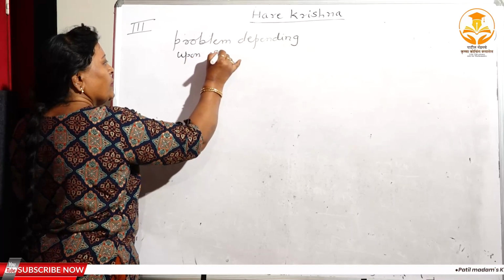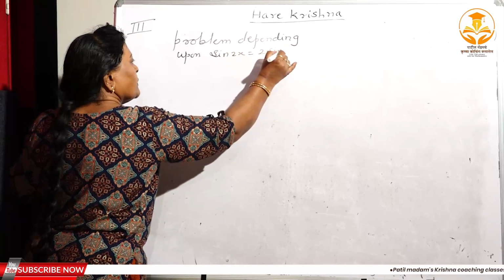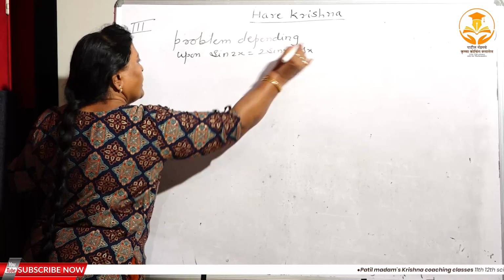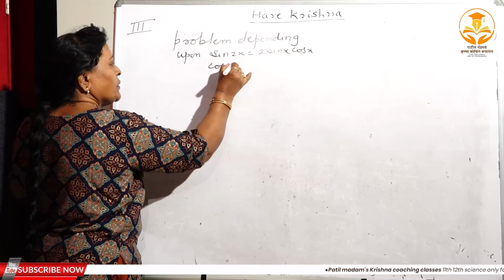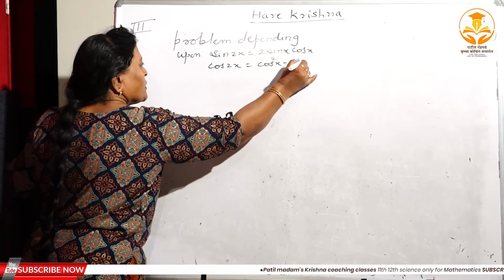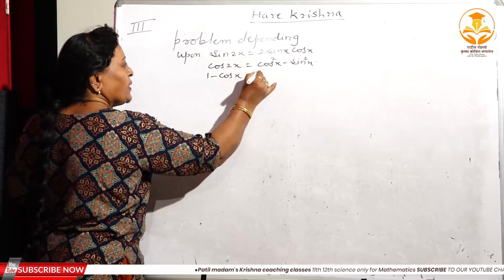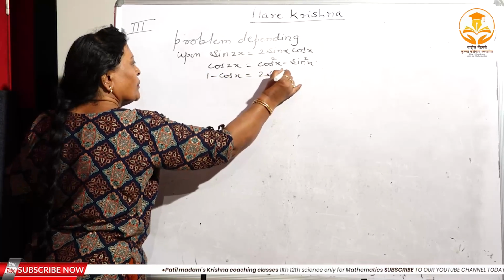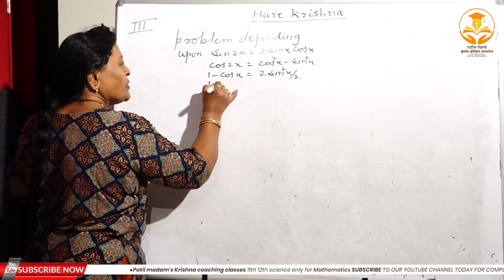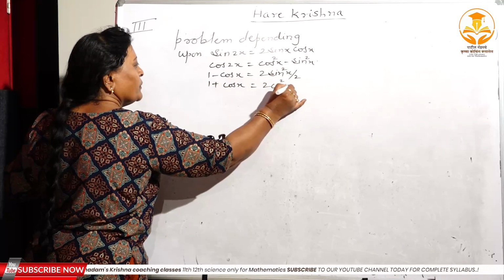The formula sin 2x is equal to 2 sin x cos x, and here again cos 2x, that is cos square x minus sin square x. Right? Again 1 minus cos x is equal to 2 sin square x by 2, and 1 plus cos x is 2 cos square x by 2.